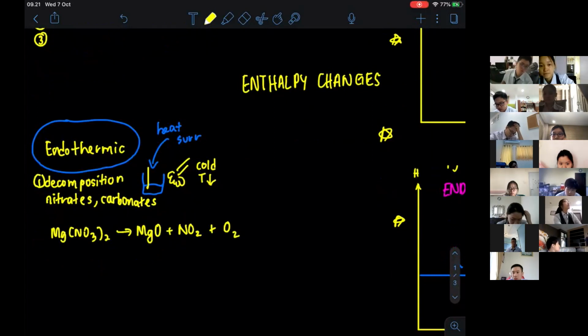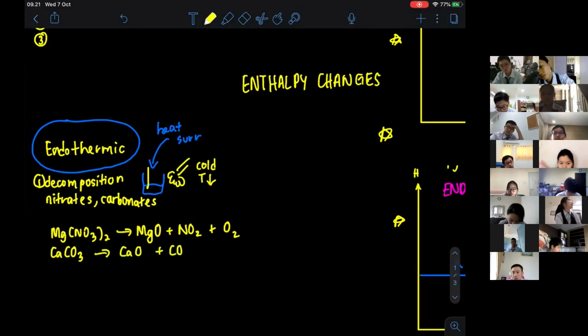This is decomposition of nitrate. But for decomposition of carbonates, let's say calcium carbonate, when it decomposes, it gives you calcium oxide plus carbon dioxide.